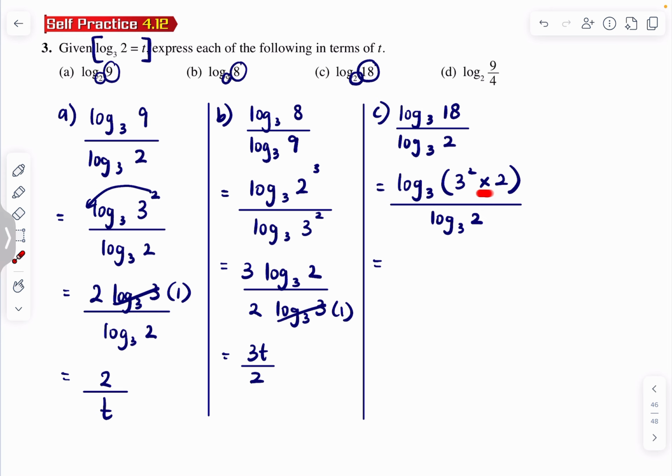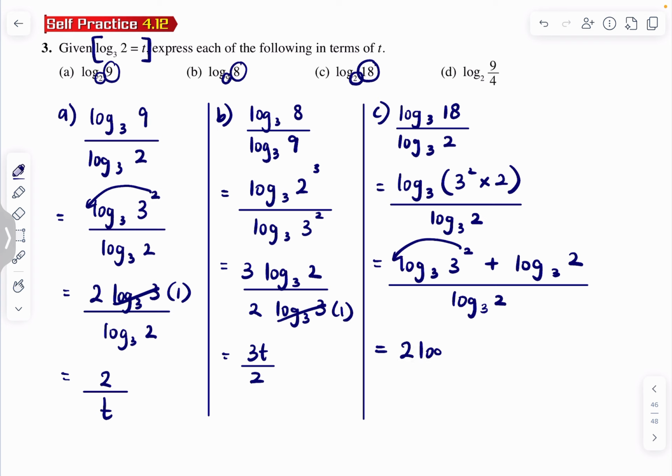Okay, then on top here we can split. Since this is times, the whole log will become log_3 3 squared plus log_3 2, over log_3 2. The 2 we can bring forward.